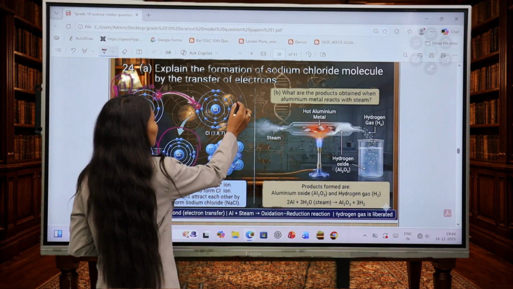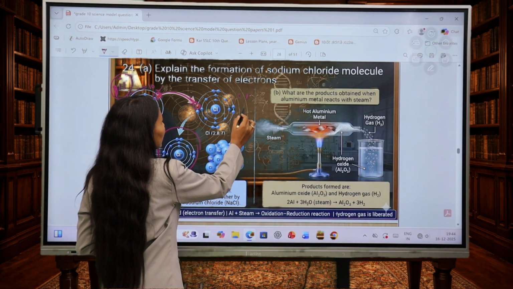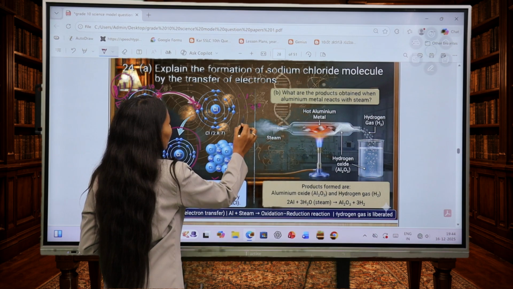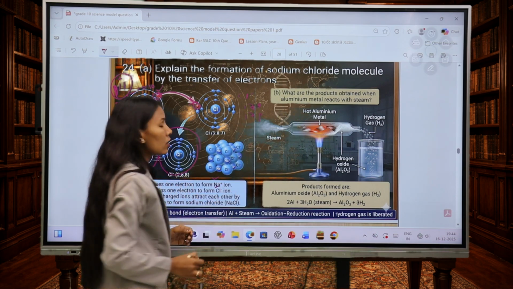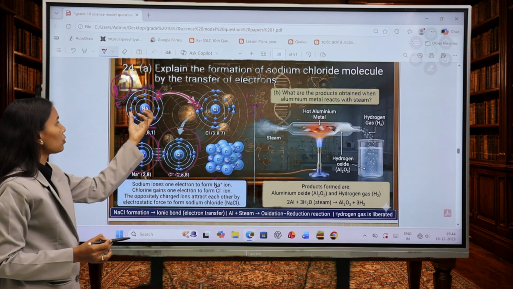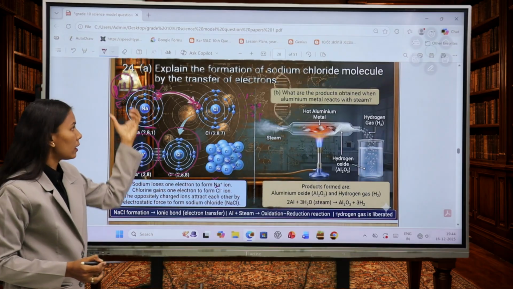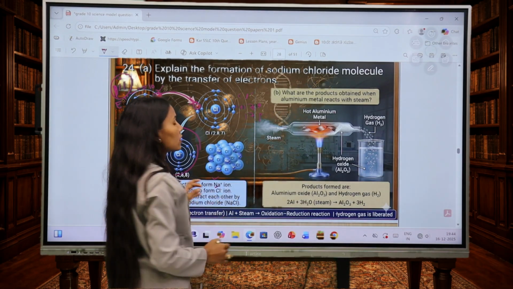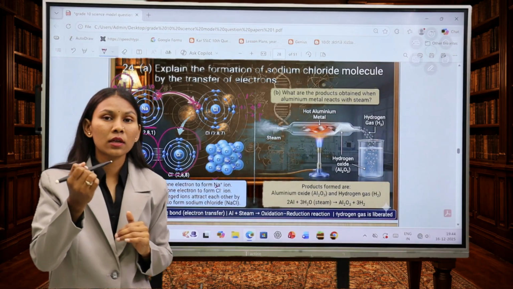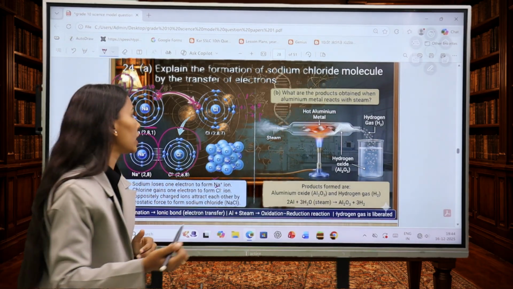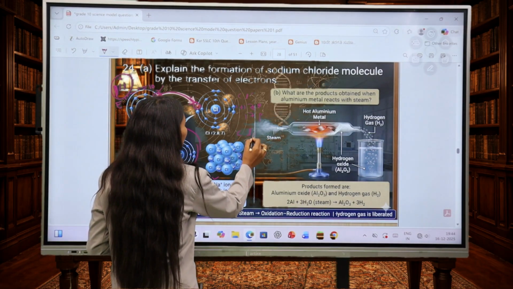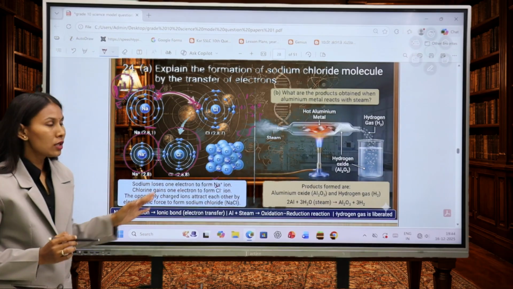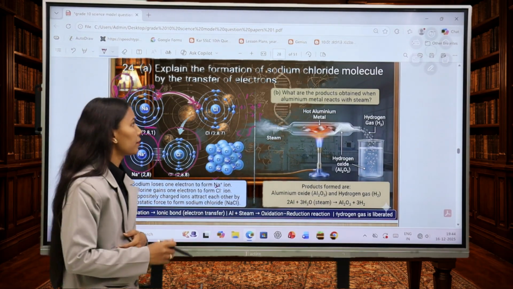Cl minus is because it has 17 electrons and 17 protons, but one electron comes from the sodium and joins here. So the number of electrons increases, which means the negative charge will be more here. That is why it is Cl minus. Understood? So let's go to the B question.